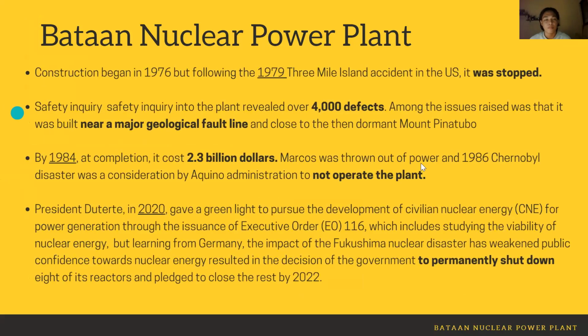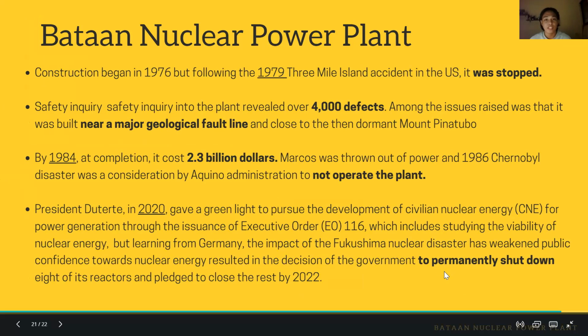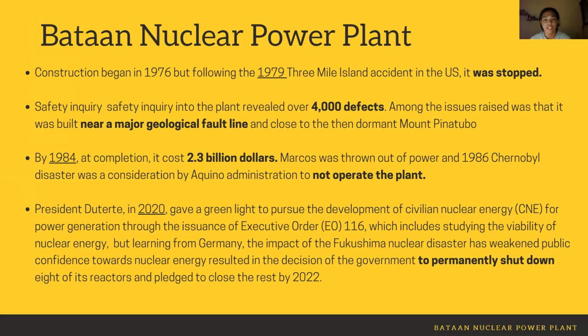So, Bataan Nuclear Power Plant. Its construction began in 1976, but following the 1979 Three Mile Island accident in the US, it was stopped. A safety inquiry into the plant revealed over 4,000 defects.